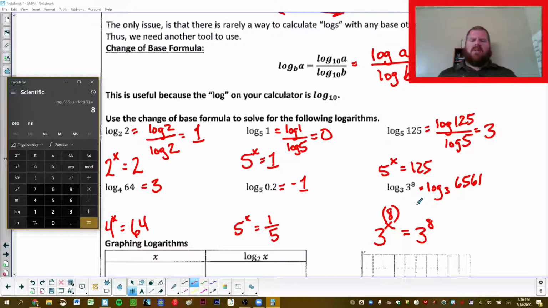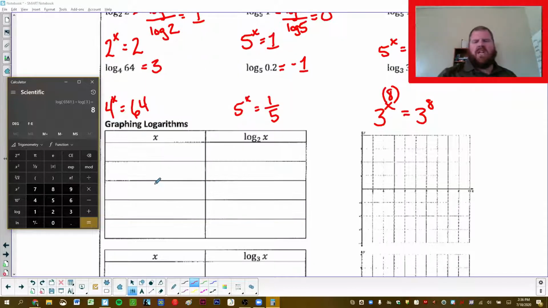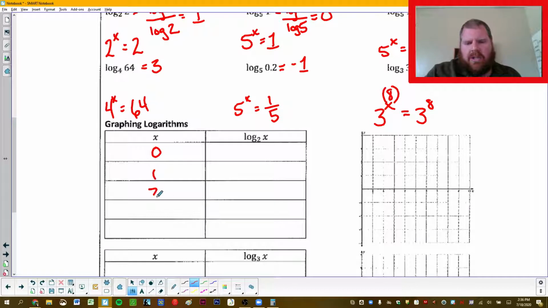All right, let's look at graphing logarithms really quick. I'm not too sure why this table got really large like this, but that's okay. I'm going to stick with positive values because that's what my graph has. Let's try 0, 1, 2, 3, and 4.